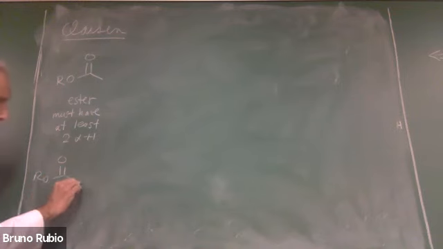So an ester that looks like this, yeah, that's an ester, but there's only 1 alpha proton there. No good for Claisen.